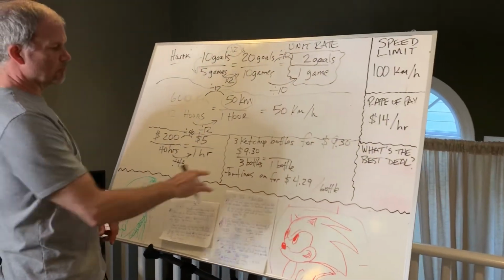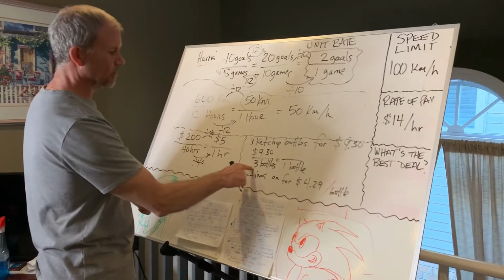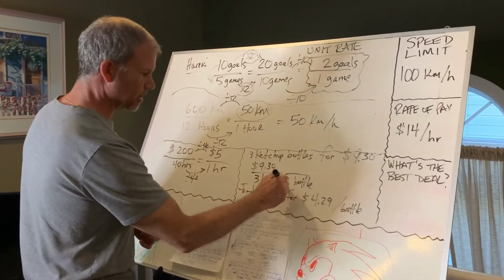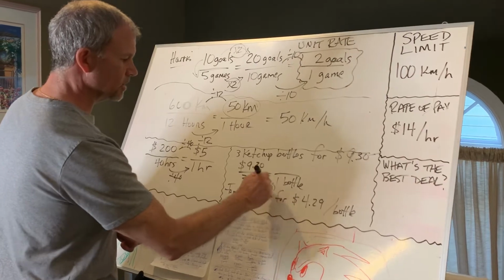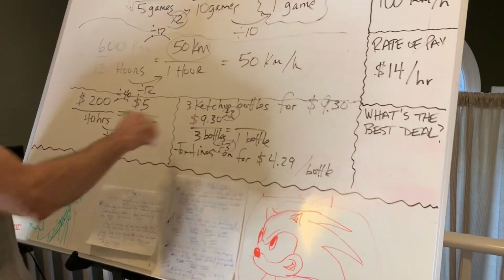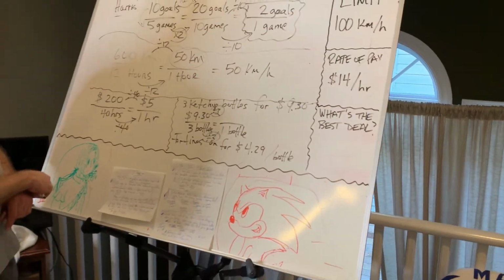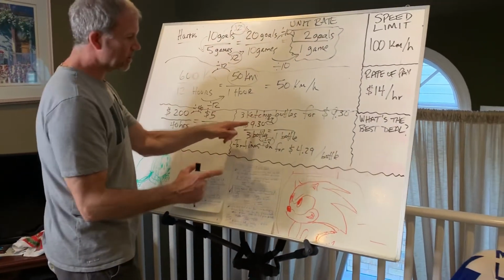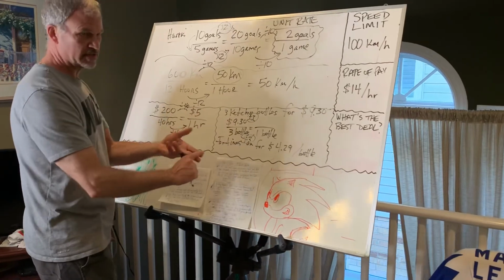Right? Now 1 bottle costs, well, how do I get from 3 to 1? Divide by 3. Okay, it's always easy to figure out unit rate. Divide by 3. 9.30 divided by 3, well, you should see some multiples of 3 in this number. There's a 9, there's a 3, there's a 0.